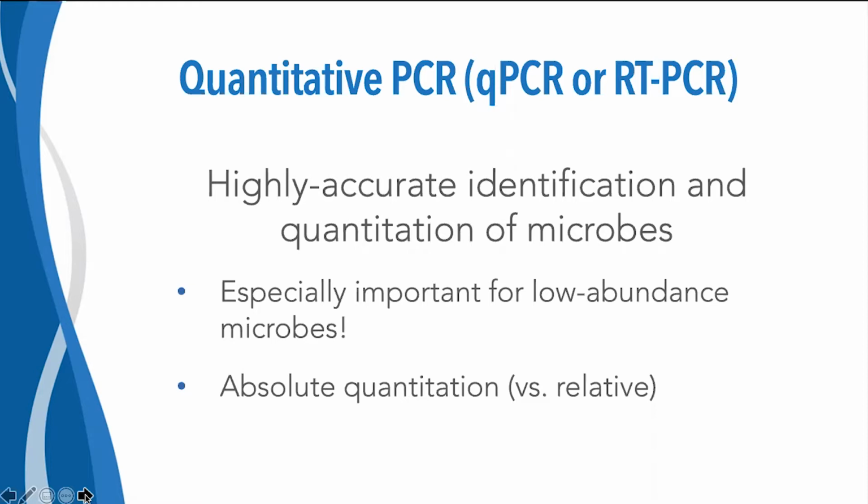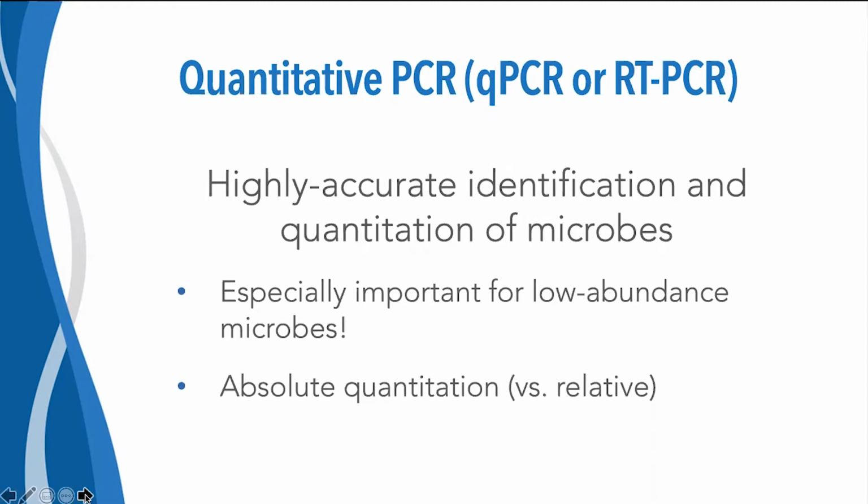You can design primers that are highly specific for an individual strain, for example, so you can detect right down to the strain level. That's how we detect pathogenic strains of H. pylori, C. diff, and some of the other pathogens. So again, it's especially good for low abundance microbes.